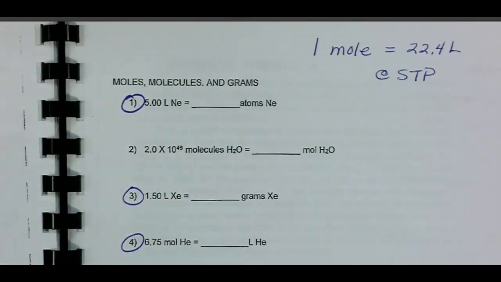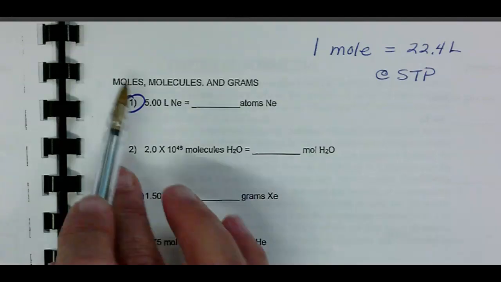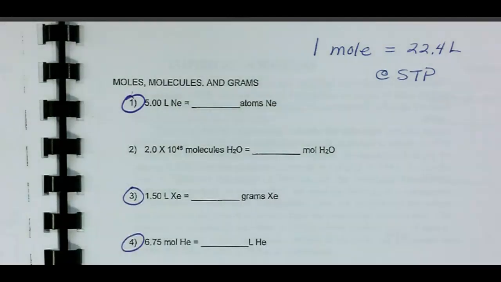I am going to show you how to do a few more conversions here, and these are all going to involve the liter. We've talked about moles, molecules, and grams, but we have not talked about how to do a conversion to liters with those.